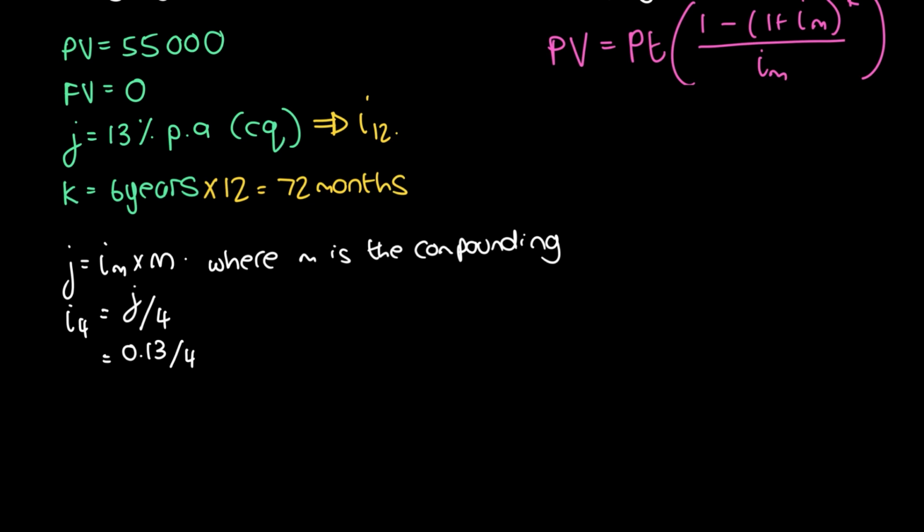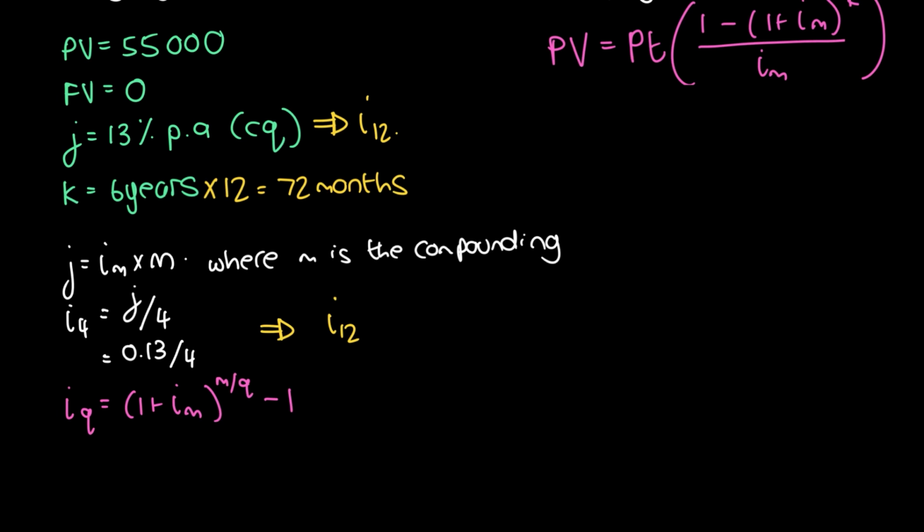And now you may be thinking, okay, we have I4. How do we get this I4 to what we want, which is I12? And we have to think now and go, oh, well, we do know another formula. It's the equivalent effective interest rate formula. So that's IQ is equal to (1 plus IM) to the power of M divided by Q, minus 1.